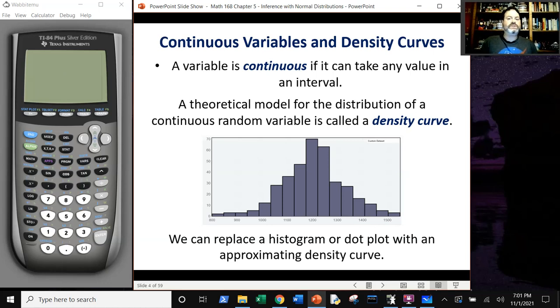Continuous just means that any value in some interval is a valid value for the variable. This is used a lot for things that are measurements like height and weight. What it really means is that there's no amount of precision that's considered too precise.